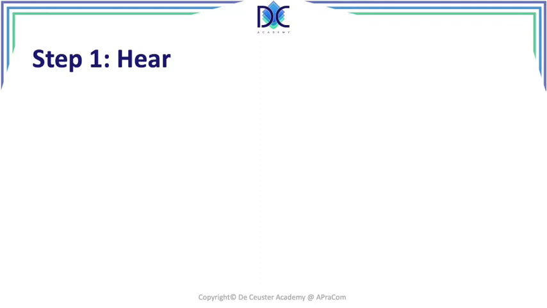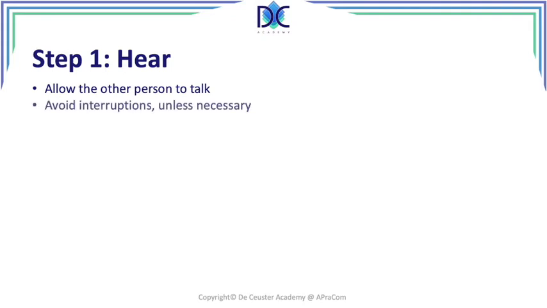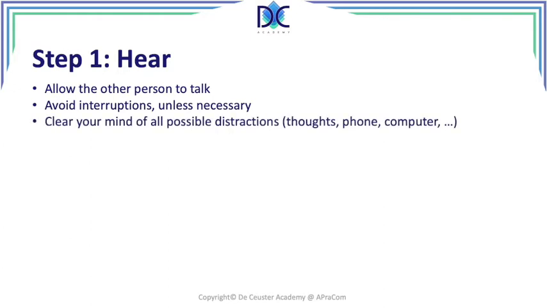First of all, hear. The thing we have to do here is to allow the other person to talk. We don't want to interrupt them unless there is something really important, but typically we let the other person speak. Clear your mind of all possible distractions, thoughts, phone, computer.